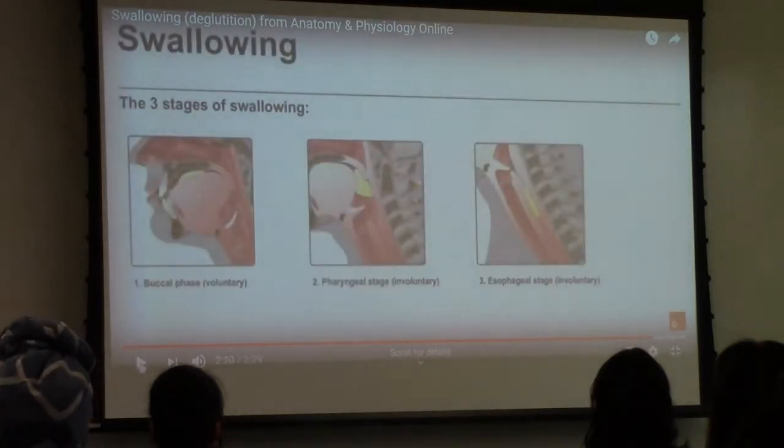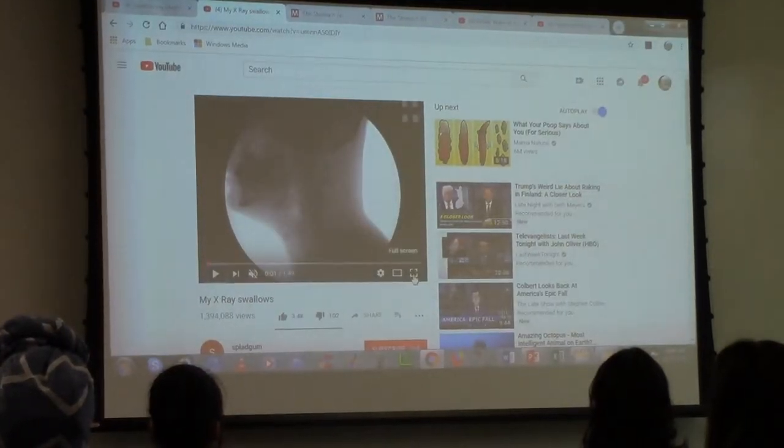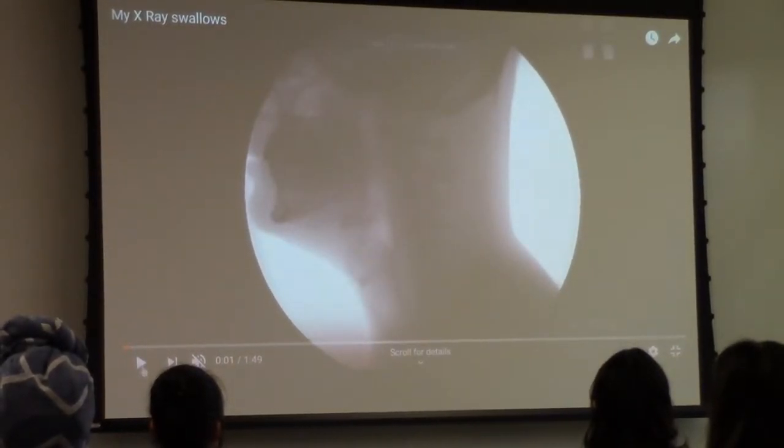So, in summary. Let's look at actual data. This is an X-ray of someone chewing something that has barium in it to make it X-ray opaque, so that you can see it being moved in the mouth by the tongue and the jaw, and then being pushed by the peristalsis in the esophagus.